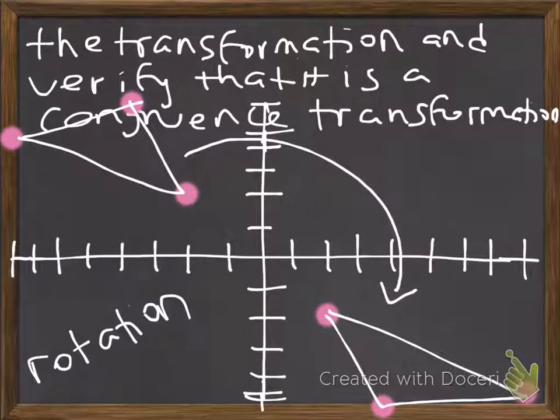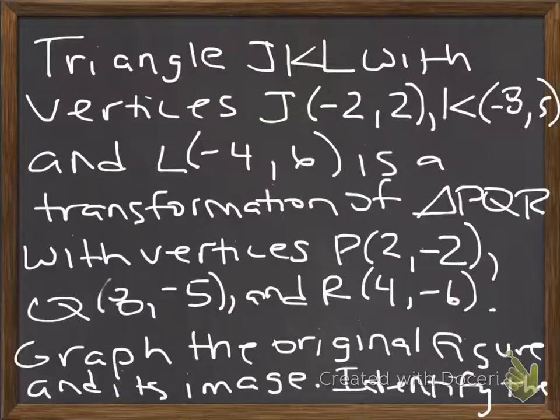So what we're going to do now is use the distance formula to find the side lengths of each triangle to verify that they're congruent with each other. So we're going to go back to the points, and we have 3 sides each to find the distance for. So let's start with JK. Our points are negative 2, 2 and negative 8, 5.